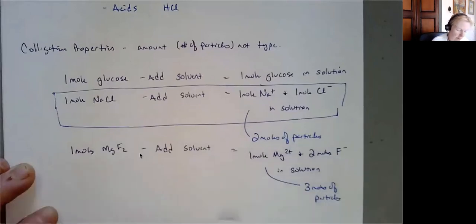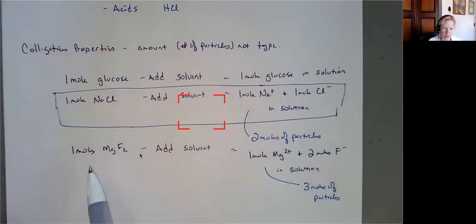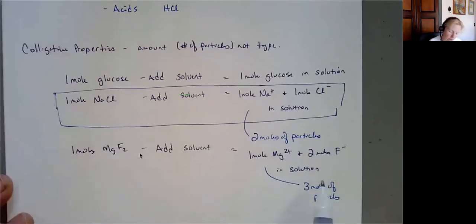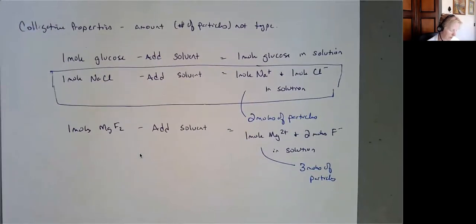This is going to have an even greater effect on a colligative property than sodium chloride, because here I have 3 moles of particles, with NaCl 2 moles of particles, and with glucose 1 mole of particles. So distinguishing between an electrolyte and a non-electrolyte is really important in colligative properties, where it only matters how many particles there are.